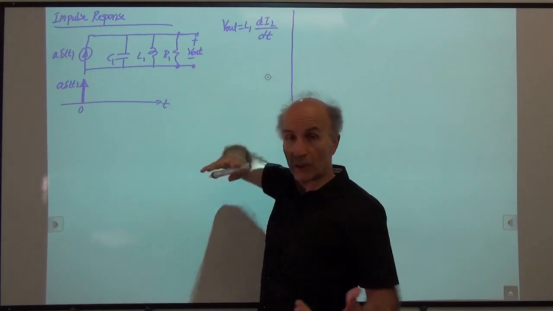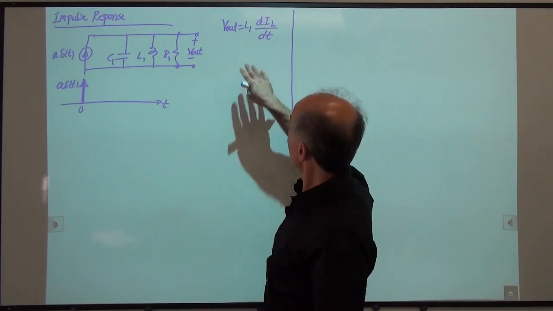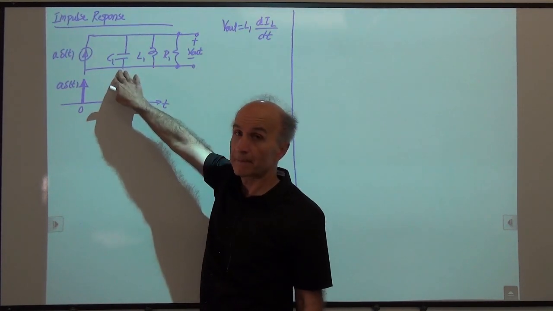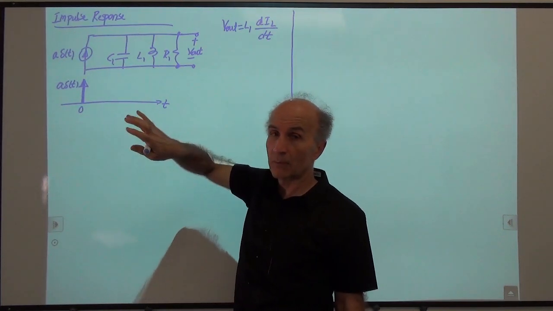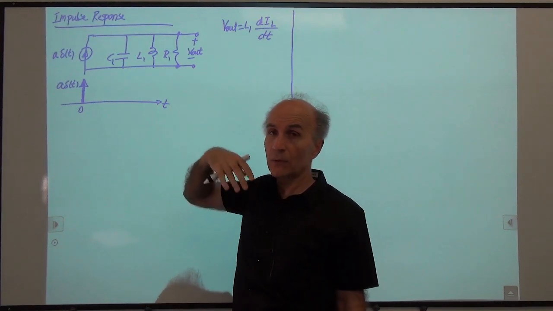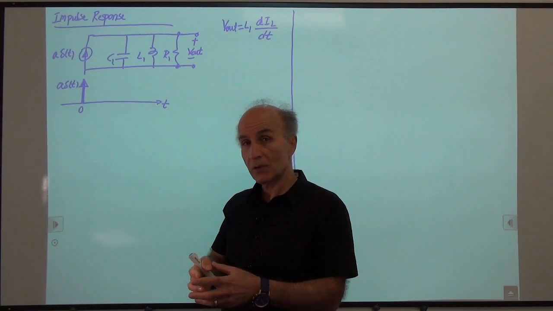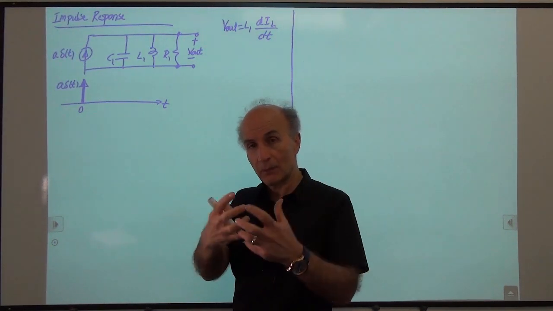The derivative of impulse, you might know, is called the doublet. It's a little complicated, but in any case, that's not possible because this V out is still governed by C1. So what really happens is that the current provided by that impulse has to go to C1 only. It cannot go anywhere else. That's the only condition where all the equations for the resistor and the capacitor and the inductor come out to be consistent.